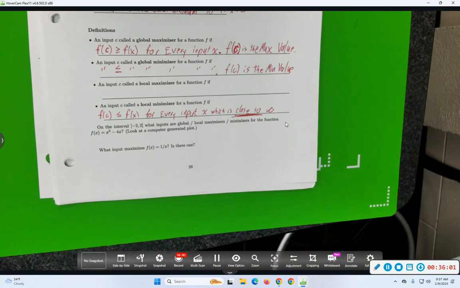So an input is a local minimizer if it gives a minimum value, as long as you only look at other x values that are really, really close to it. And what do I mean by really, really close? Well, I'm going to be a little bit vague here. I mean as close as you want. If you just keep zooming in, it should continue to have this property. How do you think that would change if I wanted to get a local maximizer? It's like the opposite.